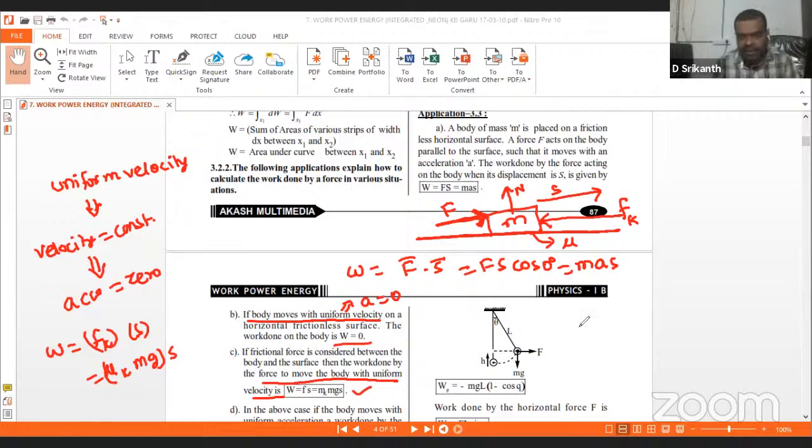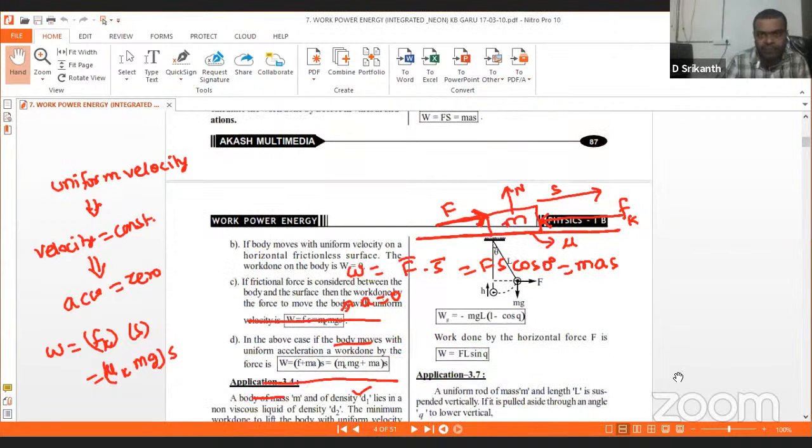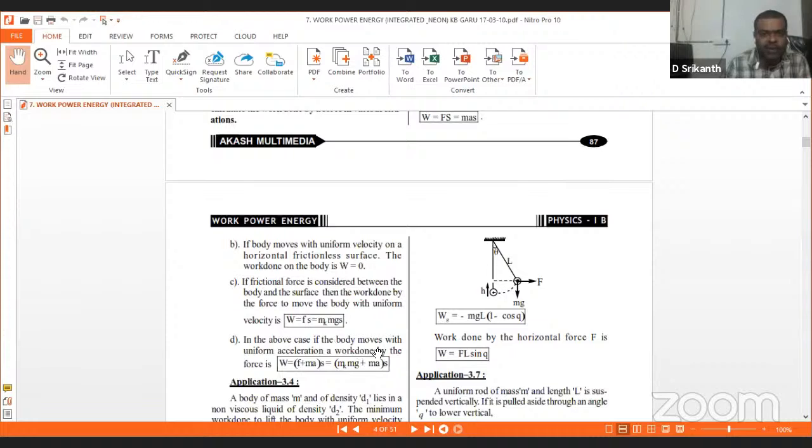Okay, fine. Next, fourth case. In the above case, if the body moves with uniform acceleration, work done by the force. That means we are having the frictional force and ma.